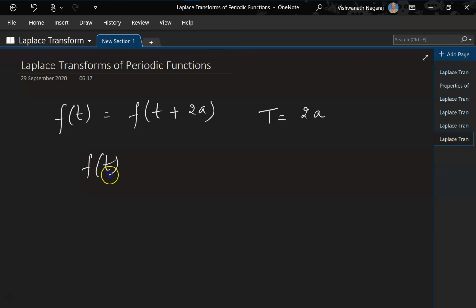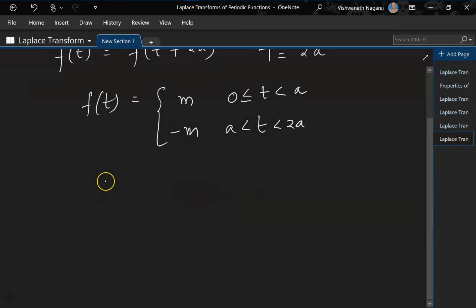The function itself says it is m when t is between 0 and a, and when t is between a and 2a, it is minus m.